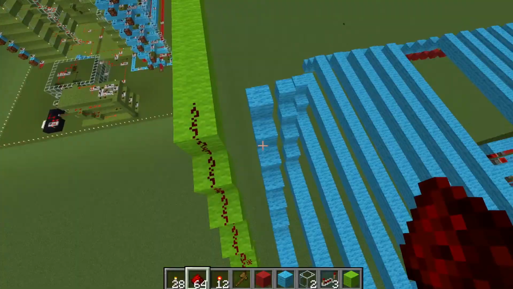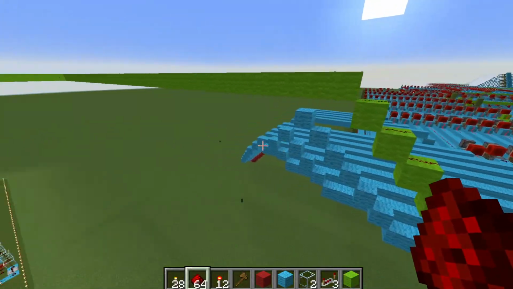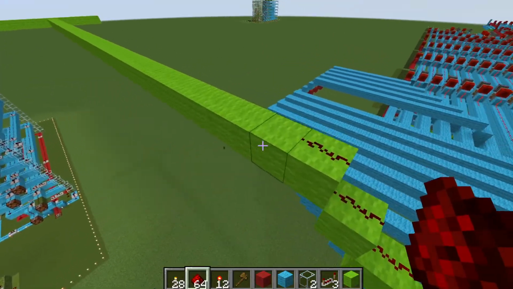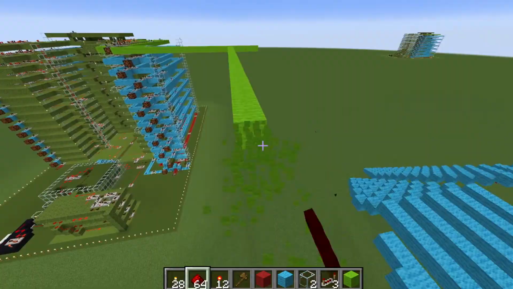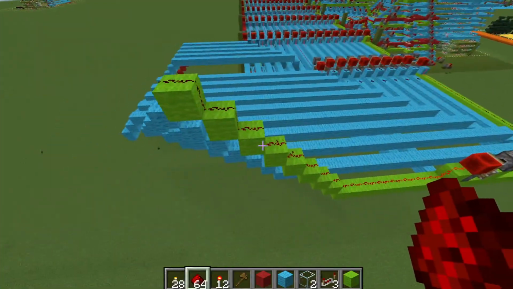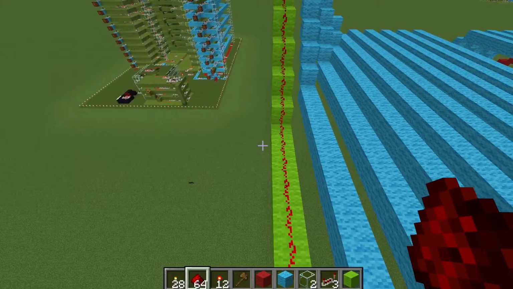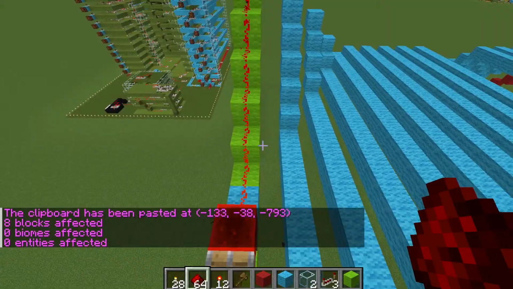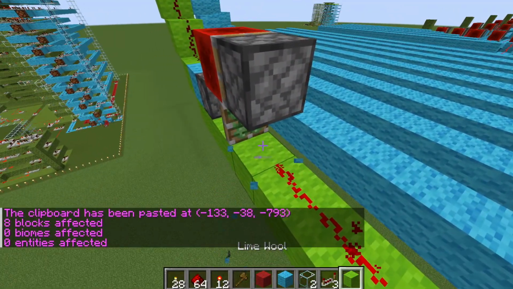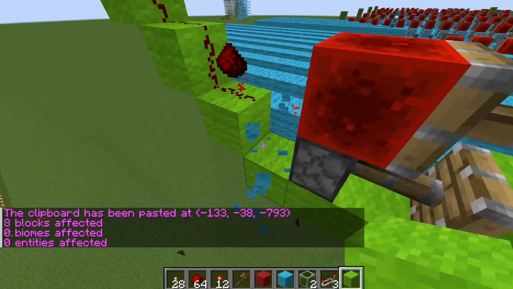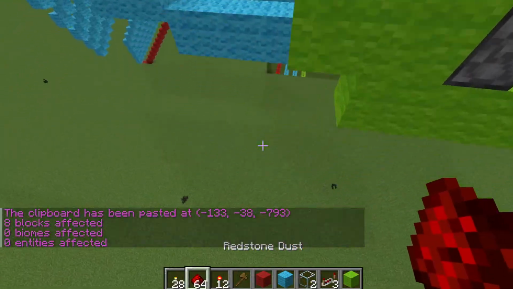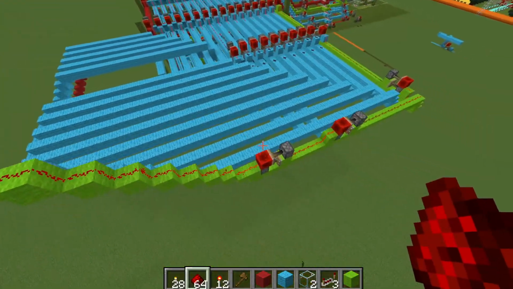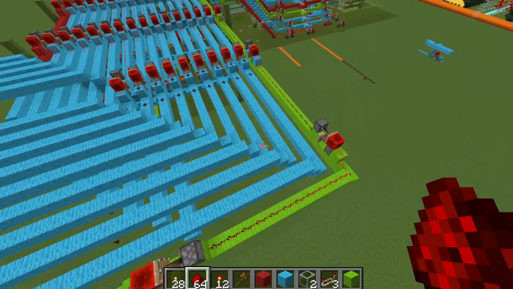Well, that's one solution, just a small amount more lag.